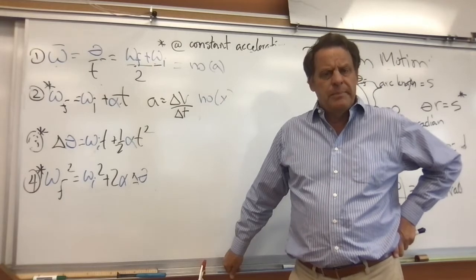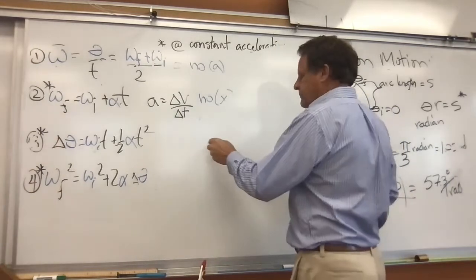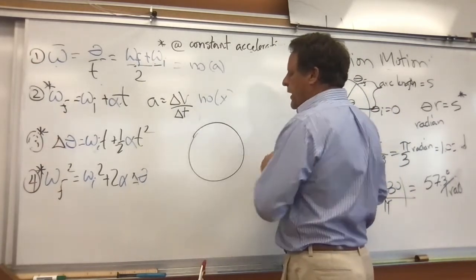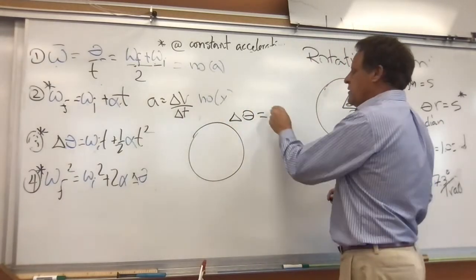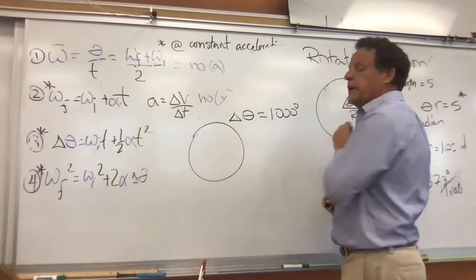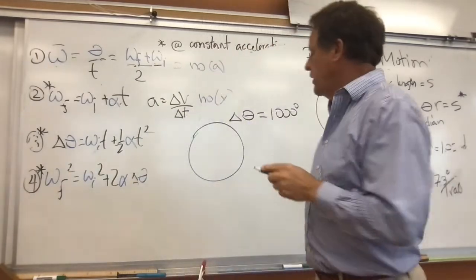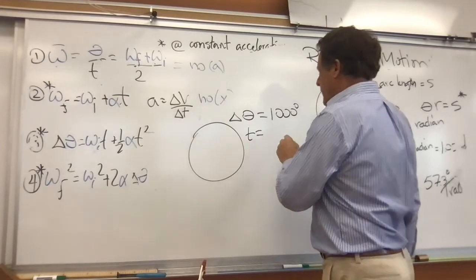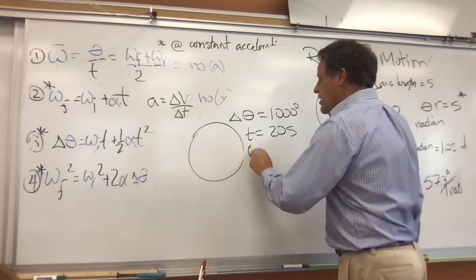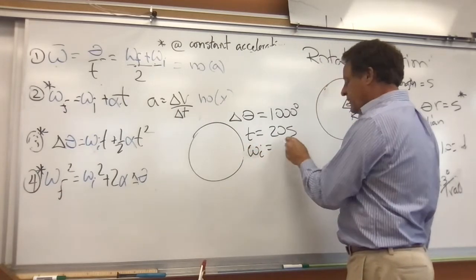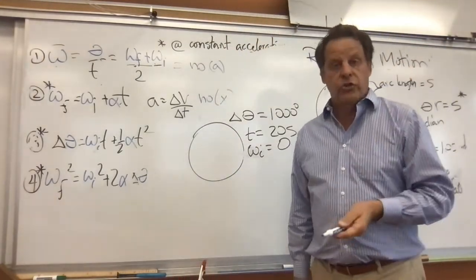And for the most part, that's going to be fairly easy. So, for example, if we have a tire moving with a change in theta of, let's say, 1,000 degrees, and we're going to do this in a time of, let's say, 20 seconds with an initial angular velocity of 0, then what is its angular acceleration going to be?